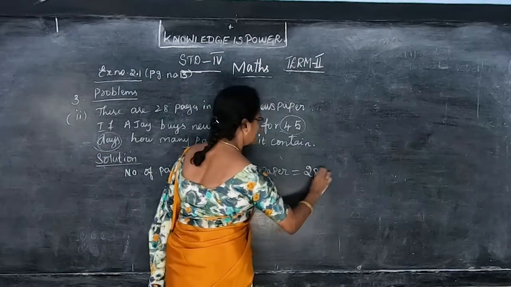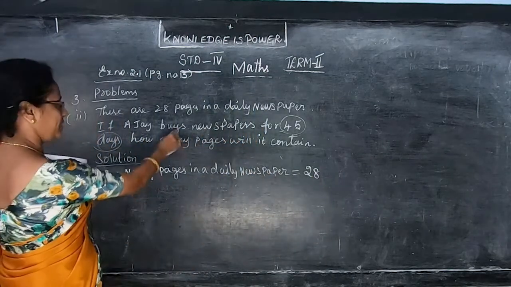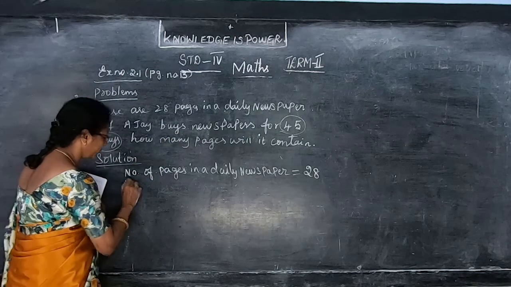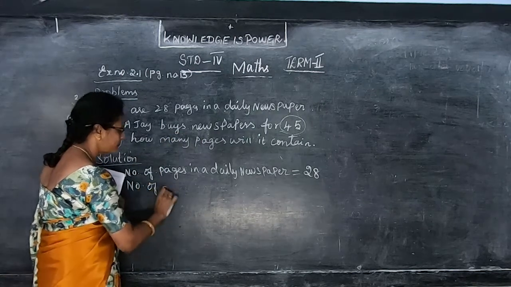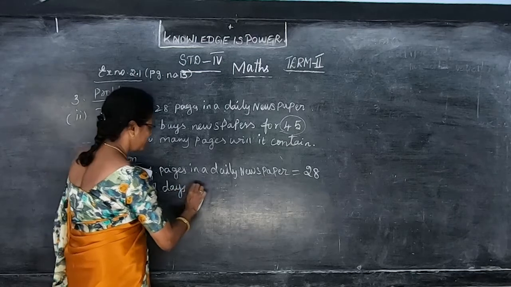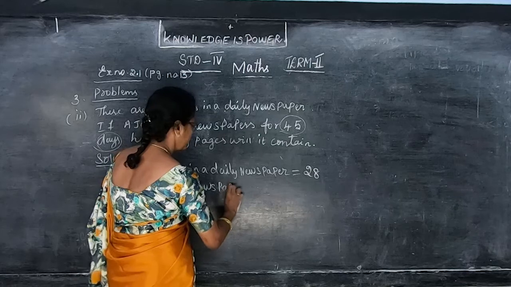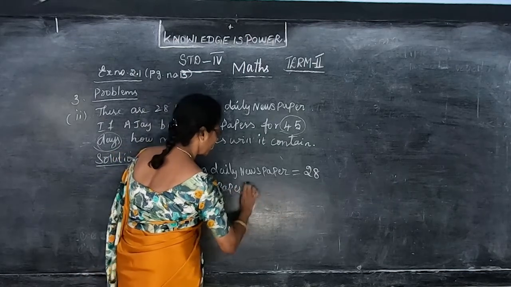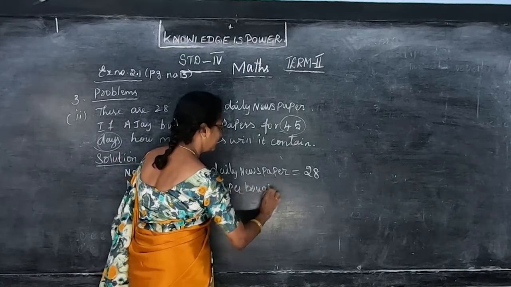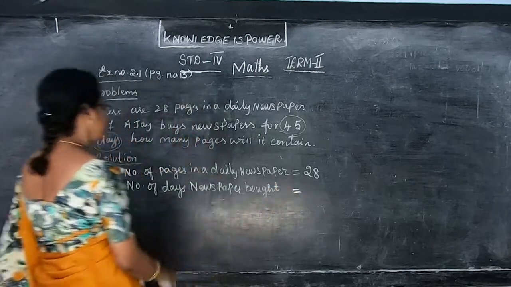28 pages. Okay. Then Ajay buys a newspaper for 45 days. Number of days newspaper bought. For how many days are they buying? Number of days newspaper bought.